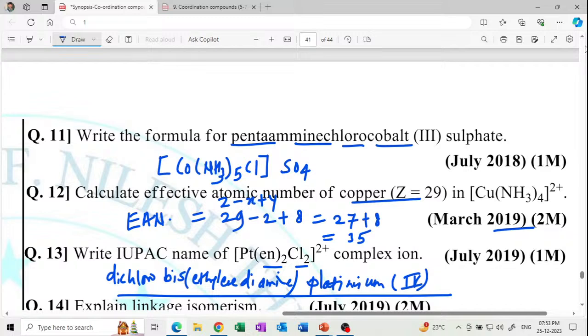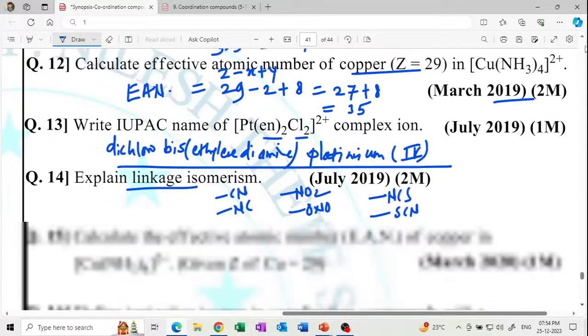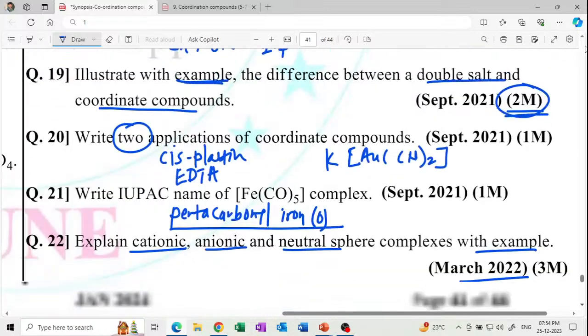Then how to balance the oxidation state? So this is the cobalt. Cobalt has +3. Chlorine is -1. So this is +2, sulfate. This is your formula. Correct. This is your formula: [Co(NH3)5Cl]SO4. Get it, everyone? So yes, these are the questions.